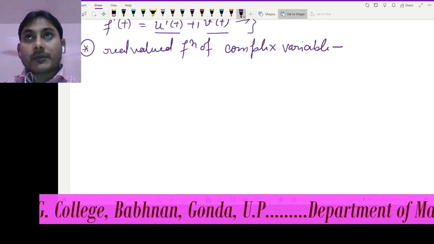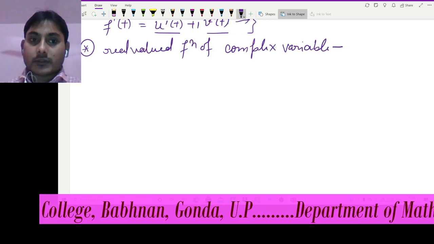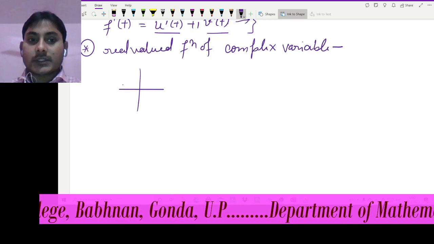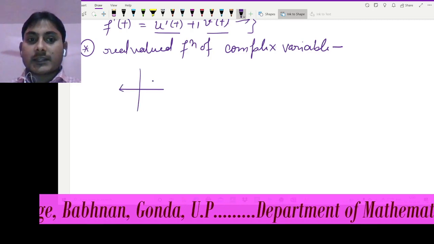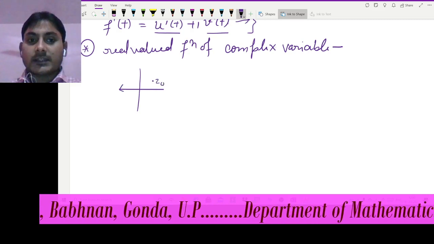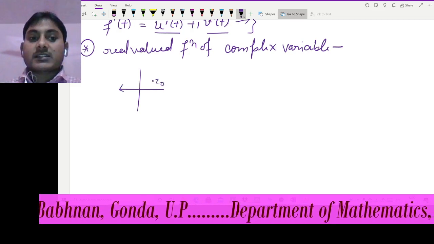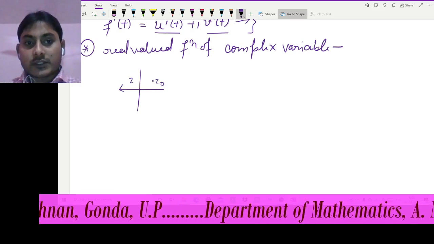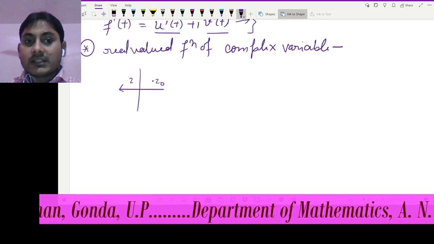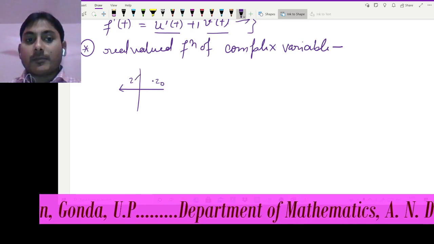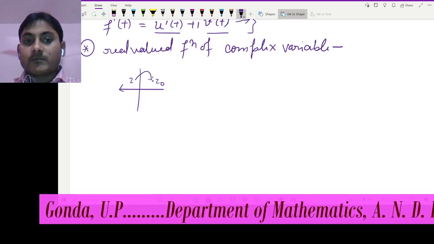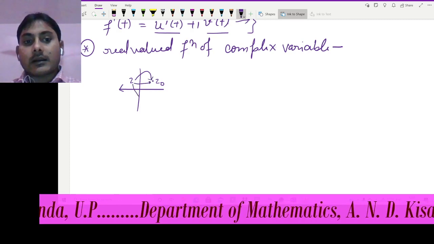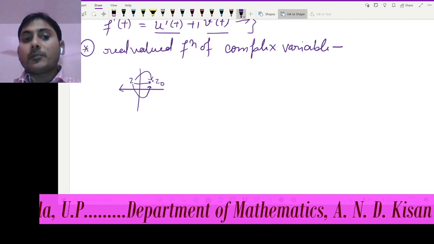Now because variables are complex, suppose it is a complex plane, and z naught is here, as I have explained earlier, and some z is approaching this point. This z can approach this point in different ways, by following different routes.